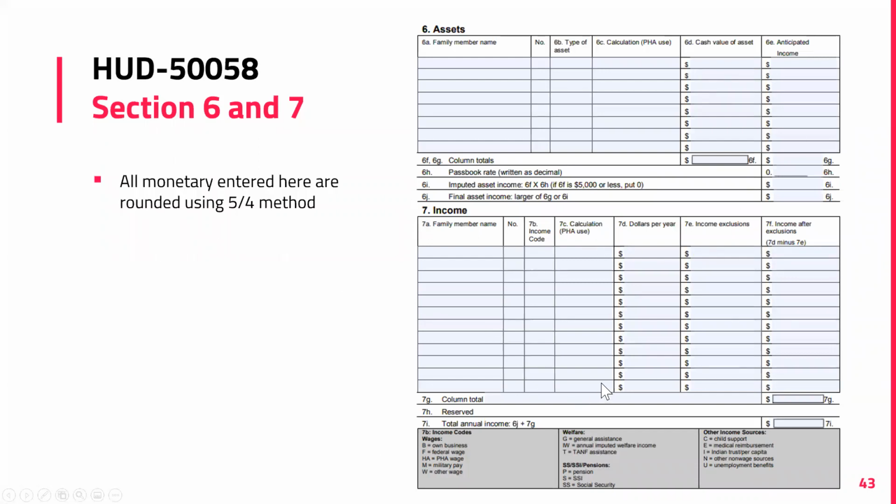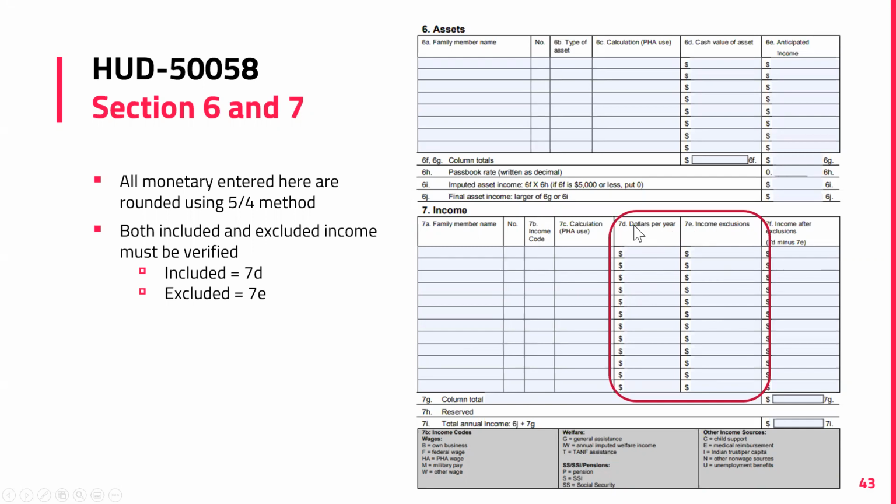All the money amounts entered on the 50058 are going to be rounded using the 5-4 method, and they have to include both the included and excluded income. So what that means is, as you know, food stamps are an excluded income. We don't care about food stamps.